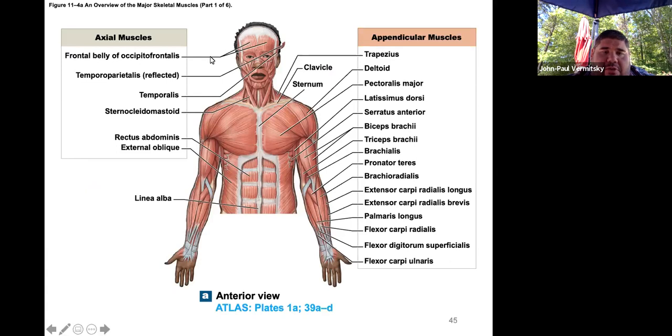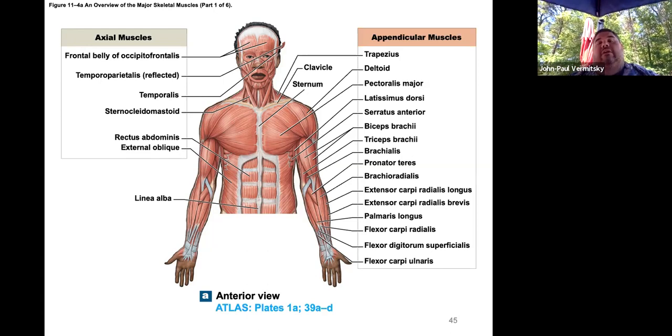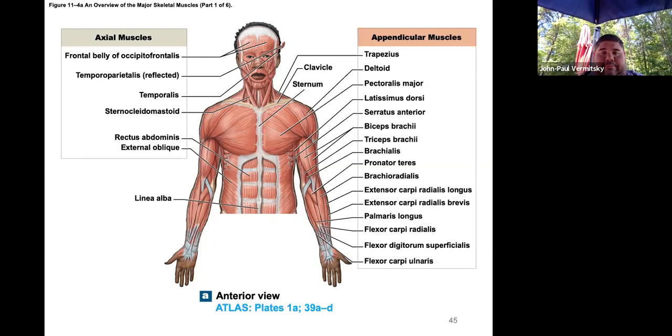So these two images here are very important, as these are pretty much most of the muscles that you need to be able to identify structure-wise. Now, again, this is not on the lab practical that's coming up. This is actually on your second lab practical. So you might not look at this right now, but this might be something you look at a little bit later on.